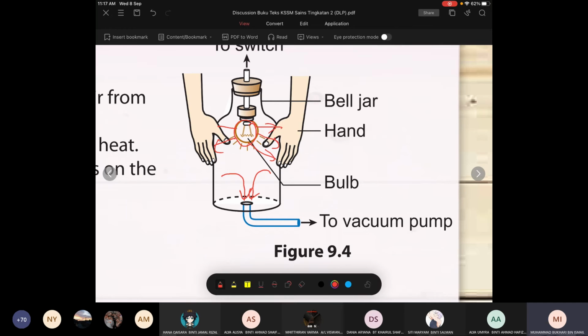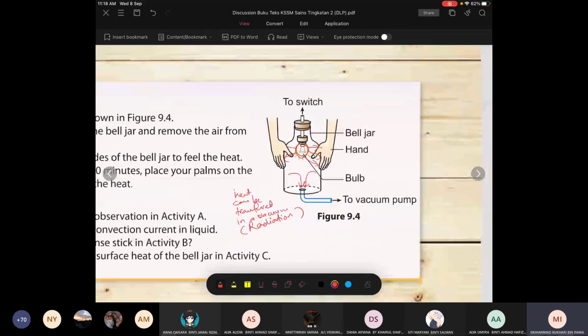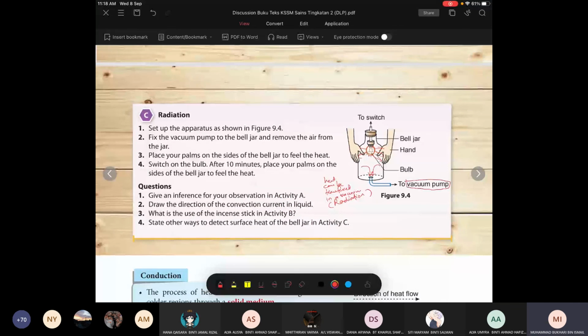This actually proves that heat can be transferred in a vacuum. Or you can say the process here is radiation. Please remember that. So we have three ways of transferring heat.